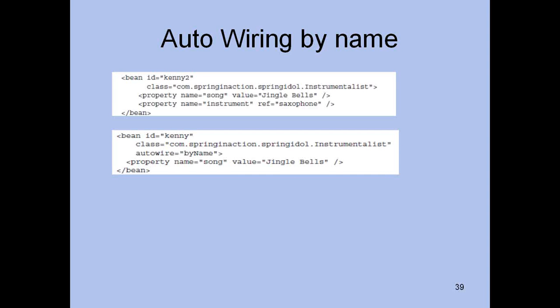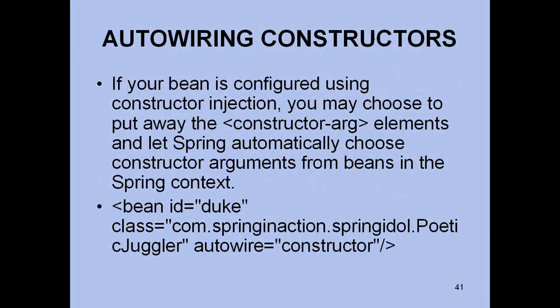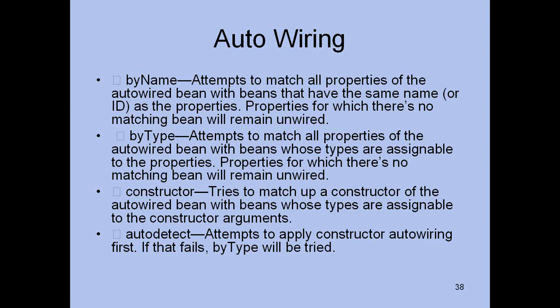Similarly, for auto wiring by type, you have to define autowire equal to byType. Then if a bean of the same type is available in the Spring configuration, it will be injected. If there are multiple beans matching in the configuration, Spring will not make any guess. It will throw an exception.